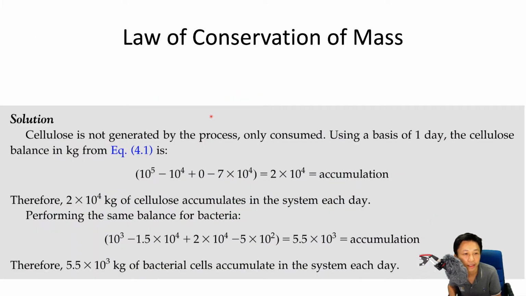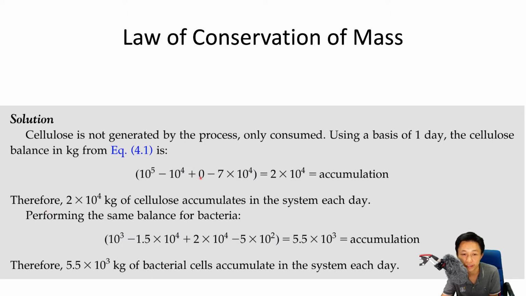Okay, this is cellulose. Cellulose is not generated, so the generation is equal to 0. Accumulation is 20 kilograms of cellulose accumulating in the system each day.